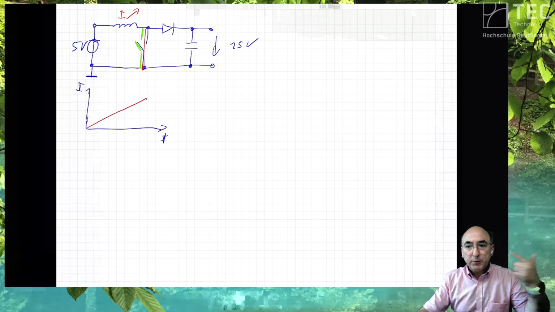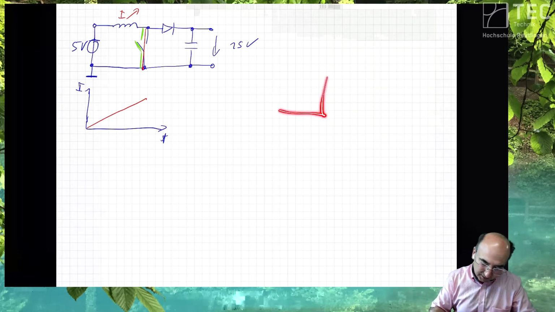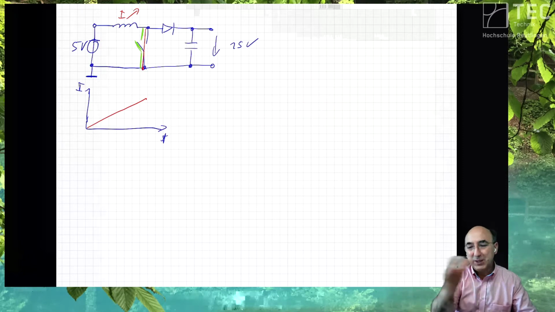It doesn't change abruptly. What is the word for not changing abruptly? So it can't jump. It can change, but it can't jump. That's not possible. So stetig, you can Google.